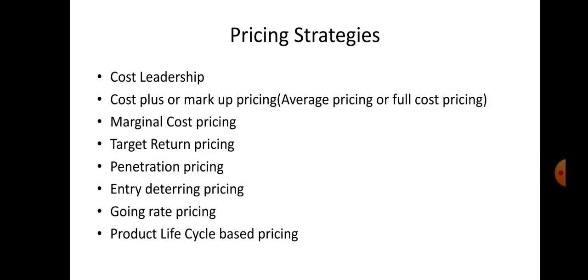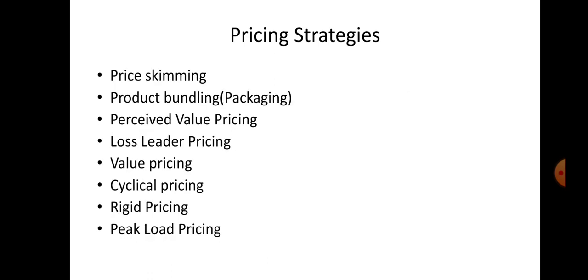Here we discuss different pricing strategies like cost leadership, cost plus or markup pricing, that is average pricing or full cost pricing, then marginal cost pricing, target return pricing, penetration pricing, entry deterring pricing, going rate pricing, product life cycle based pricing. The pricing strategies like price skimming, product bundling, that is packaging, perceived value pricing, loss leader pricing, value pricing, cyclical pricing, rigid pricing, peak load pricing.